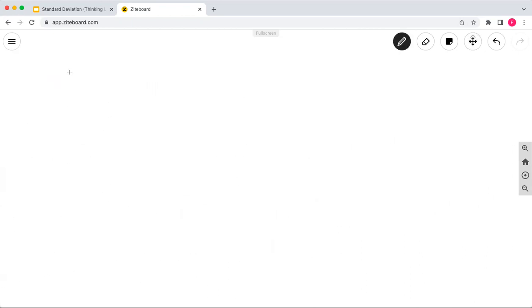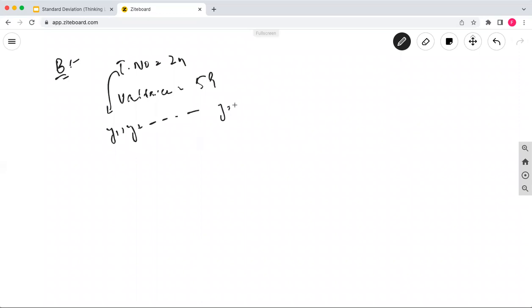Now let's see the second data set, which is B. The total number of elements is 2n. The variance was 59, and I consider the elements to be y1, y2 up to y2n. Now see the variance.